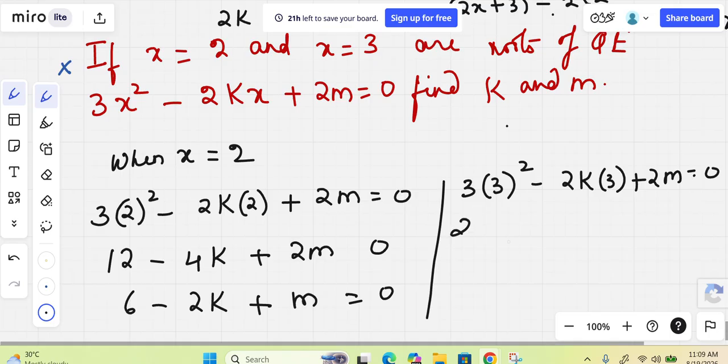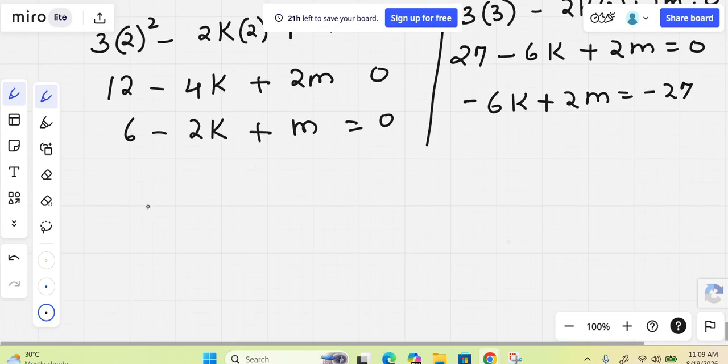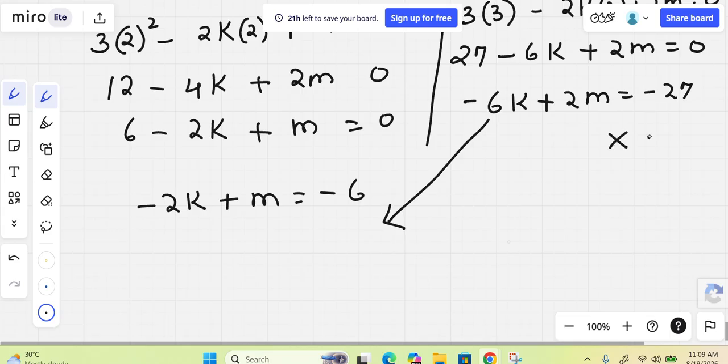9 into 3, 27. We can write it as minus 6k plus 2m equal to minus 27, and this we can write as minus 2k plus m is equal to minus 6, right? And we can bring this one here and multiply that with 2 so that we can eliminate m.